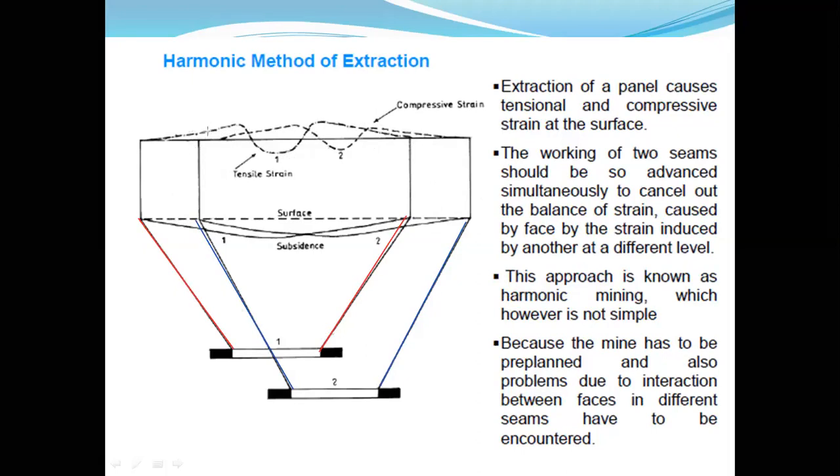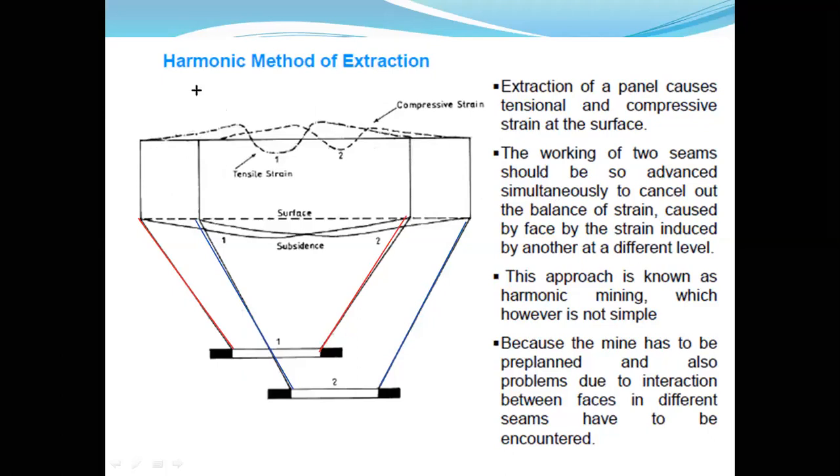So the strain profiles that we get are getting balanced here. That's what it is. So as a result, the net strain effect on the surface that changes the profile gets somewhat nullified. So that's what it is.